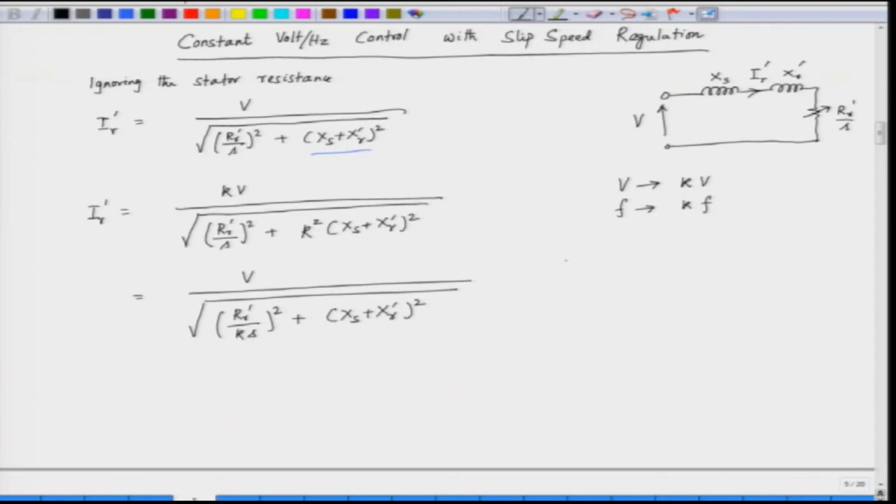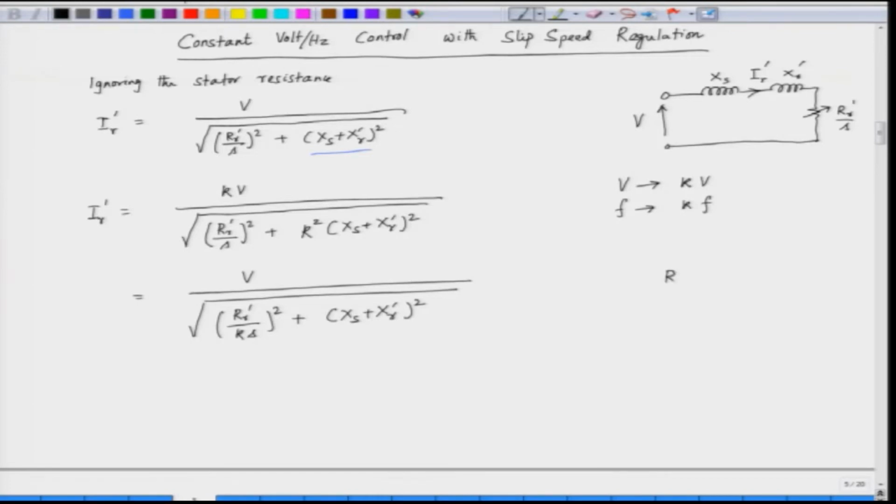So, we can say that R r prime by k s is much greater than the reactances XS plus XR, as the slip is small.